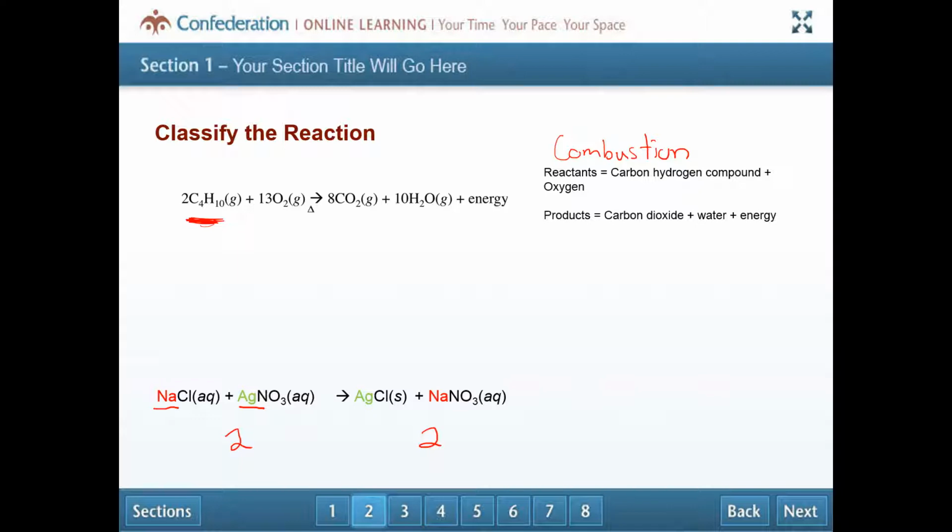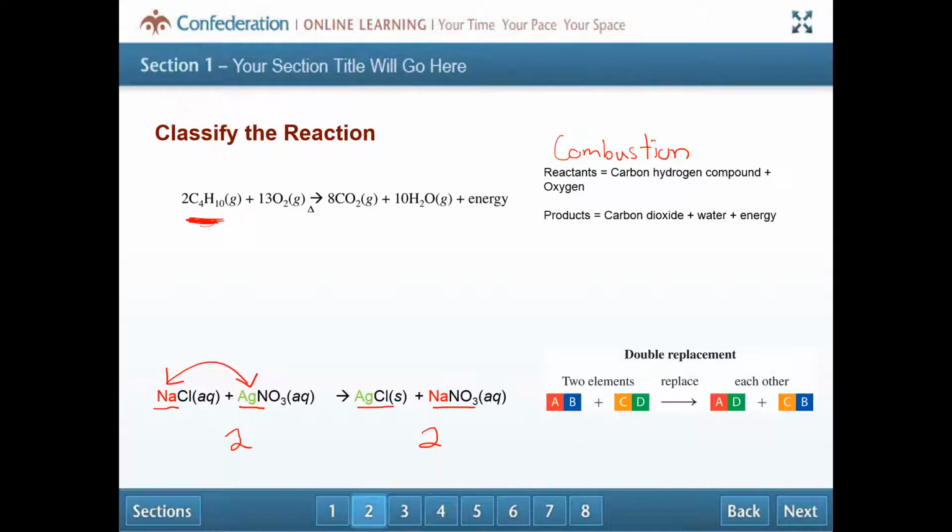So we're starting with 2 compounds, and then we end with 2 compounds. The sodium and the silver have actually switched places, and they're in 2 new compounds. So if you've got 2 compounds to start and you end with 2 compounds, that's actually a double replacement. Okay, so double replacement there.